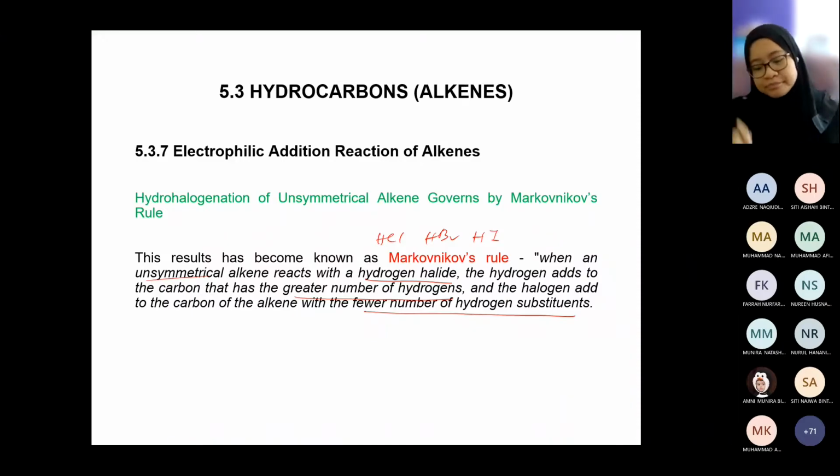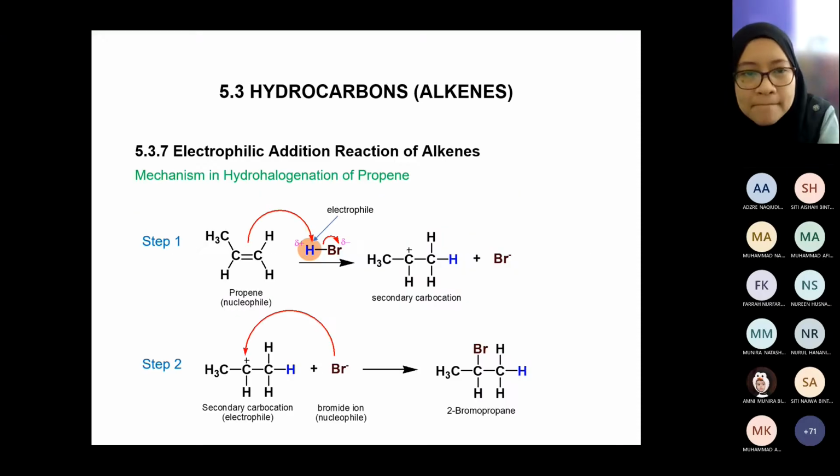Okay, let's look at the steps, what actually happened for propene just now. So that is what Markovnikov says: the hydrogen will be added to the carbon that has more hydrogens, and Br will be added to the carbon that has fewer hydrogens, or the more substituted carbon.